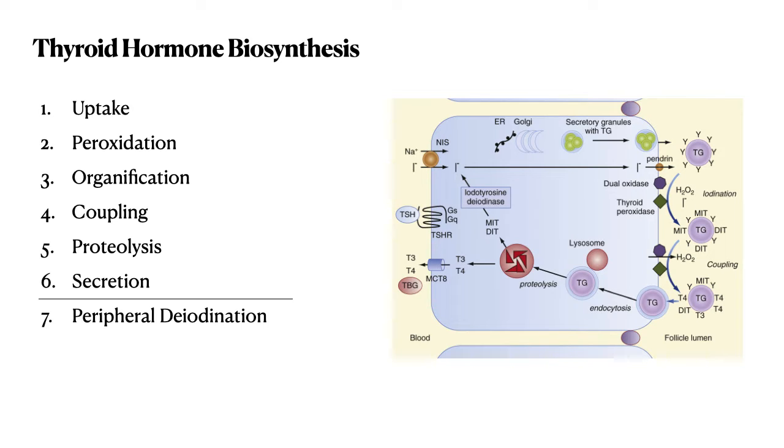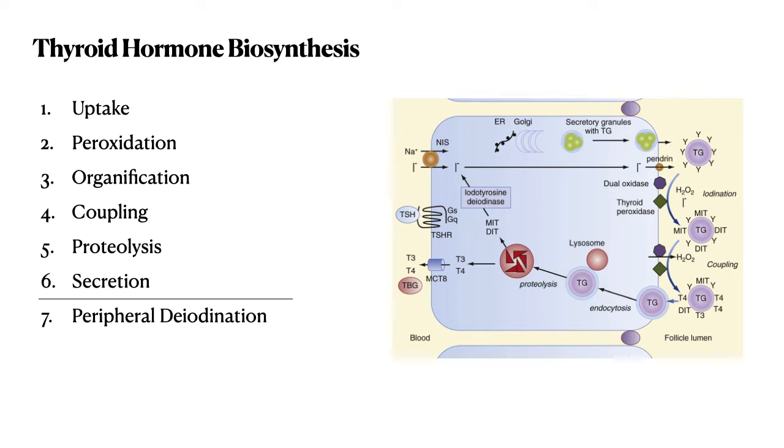Remember that here the form of iodine is iodide, which means that it is an anion with an extra electron. The next step is this iodide inside the follicular cell will find its way to the opposite side of the cell, which is the side facing the colloid. Through the action of the transporter pendrin, this iodide will find its way into the colloid.